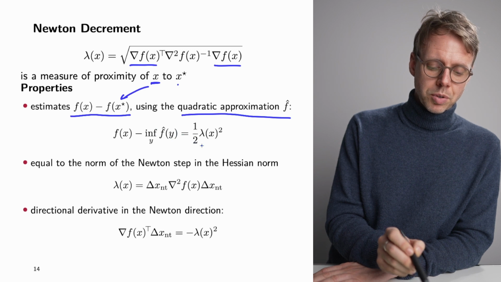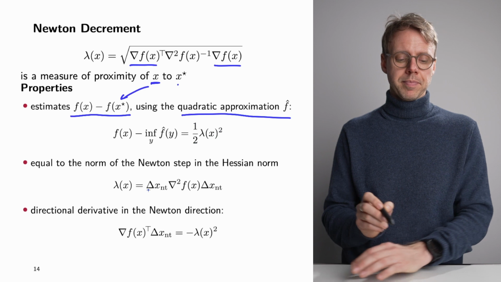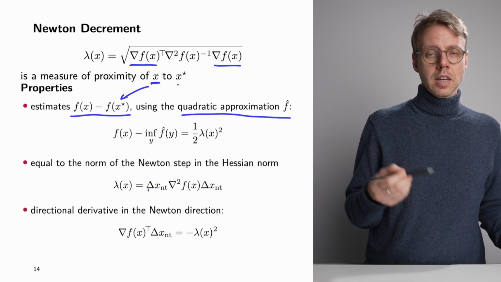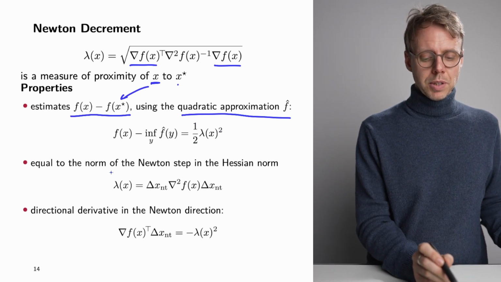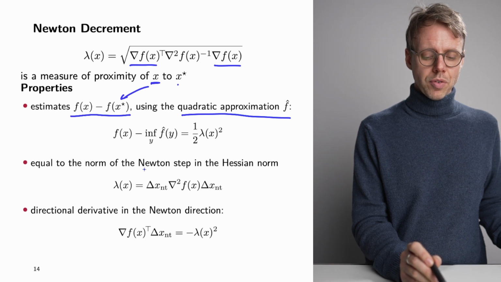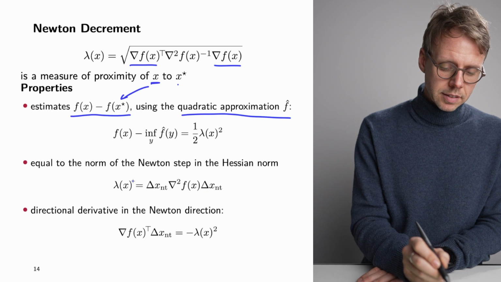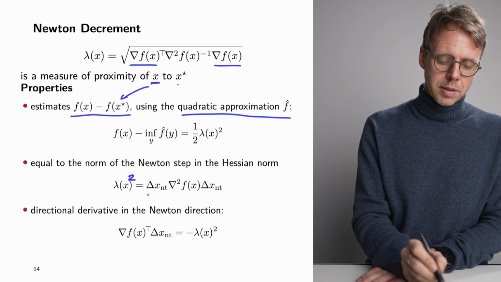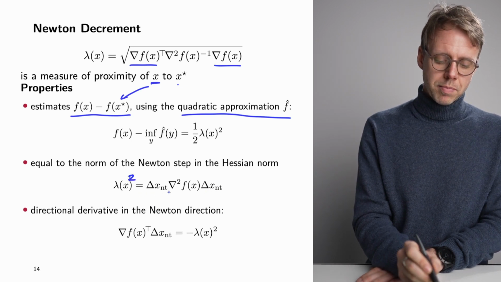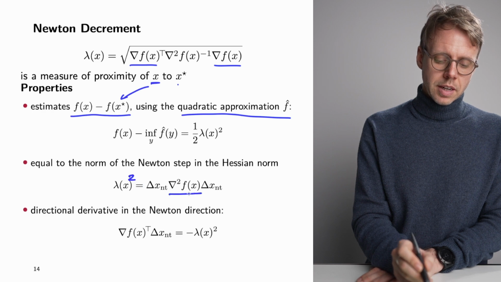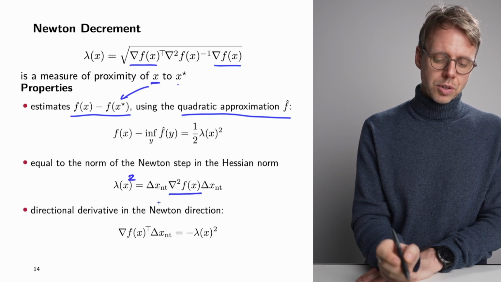And this equals 1/2 lambda squared. It also is equal to the norm of the Newton step in the Hessian norm. So lambda x squared equals the squared form in the Hessian of our Newton step.